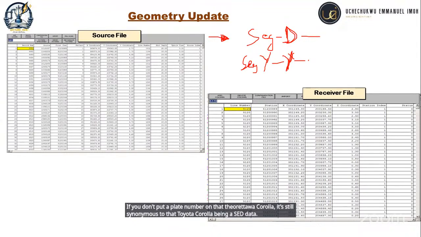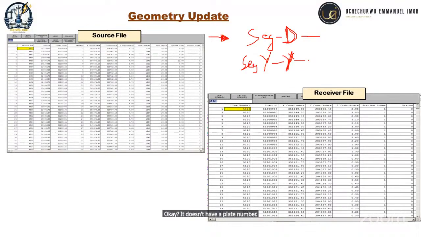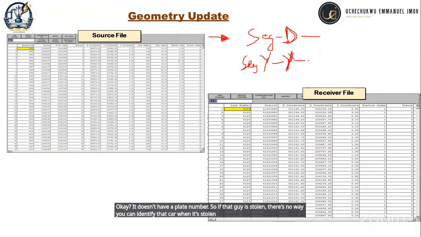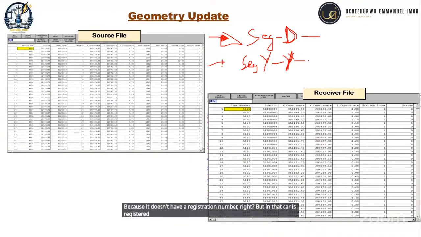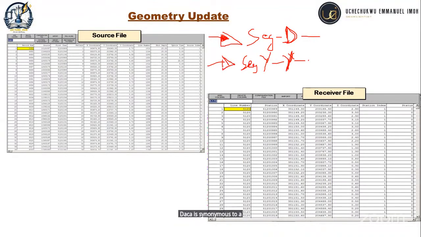It doesn't have a plate number. So if that car is stolen, there's no way you can identify that car when it's stolen by anybody because it doesn't have a registration number, right? But if that car is registered and you have a plate number to it, that car is synonymous to a seg-Y file. So the car is still the car, but if you register the car and give it a registration number, it becomes a seg-Y.